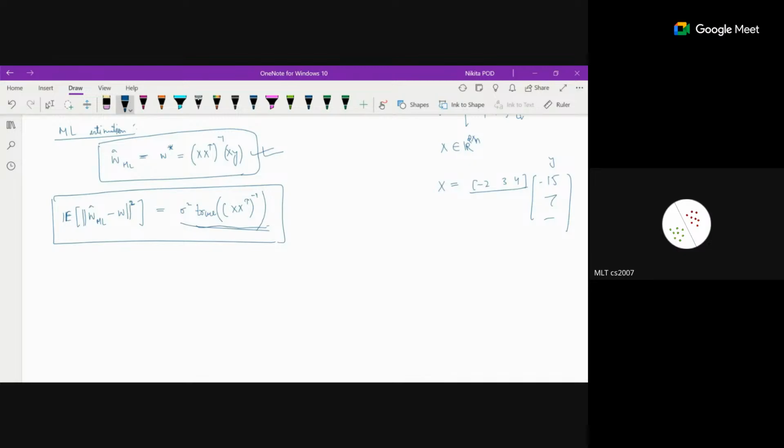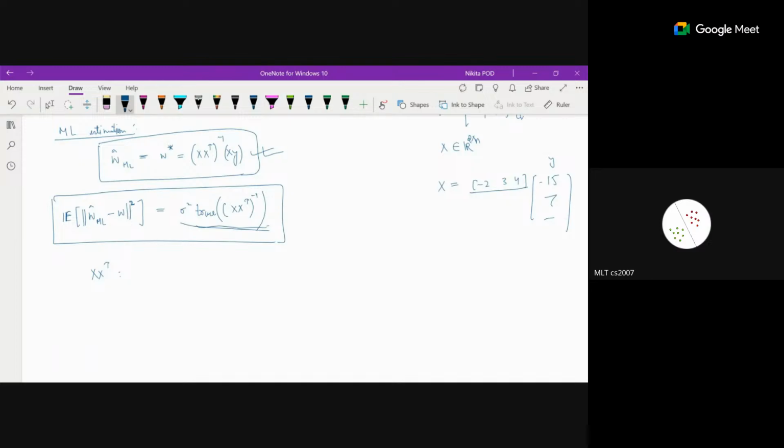So what we use here is, let's say for our matrix XX transpose, since it is going to be a D cross D matrix, I will have some D eigenvalues to it, right?